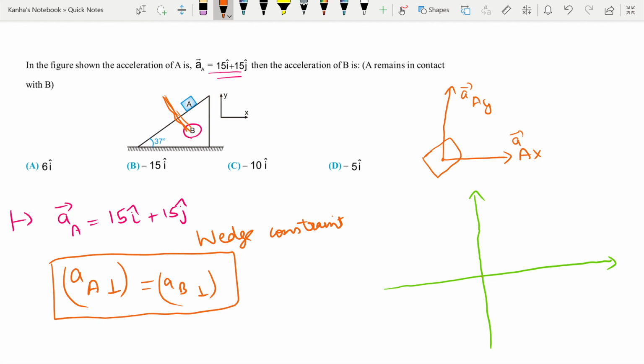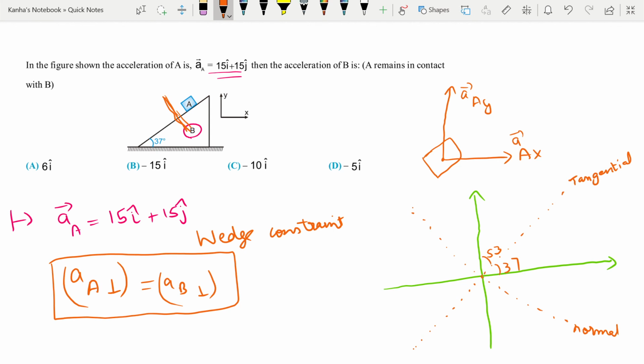So I can mark these directions. This direction is that of the wedge. I'm assuming this is the wedge. So this direction is nothing but 37. This is 53. Similarly, I have a normal to the wedge. This is the wedge tangential direction. This is the normal to the wedge direction.